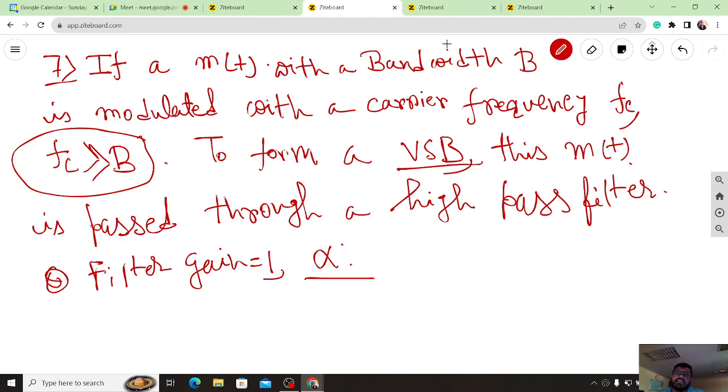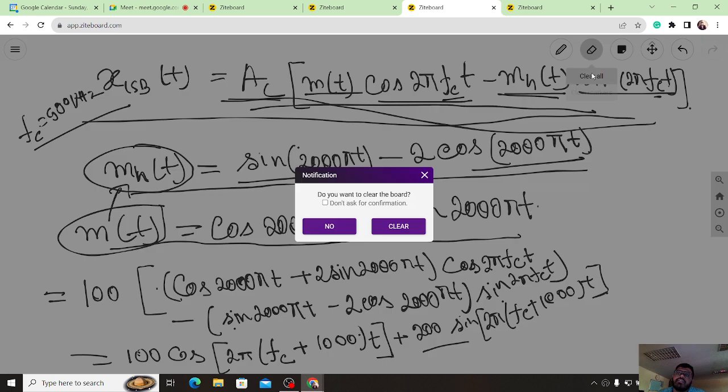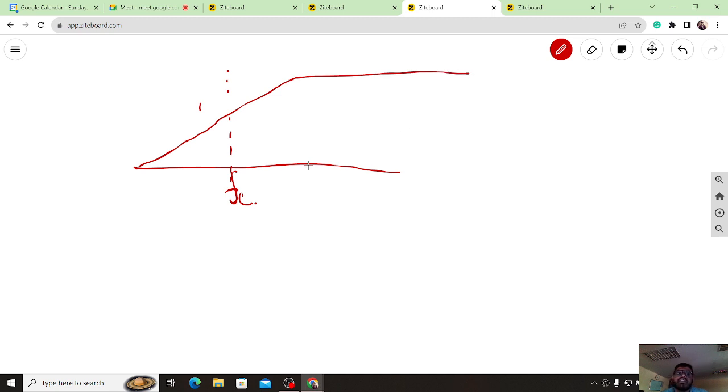So let me draw the picture for it. It will get more clear to you. So this is the carrier frequency. Here it is FC, and there is a sharp filter response like this. And then it is a high pass gain 1.